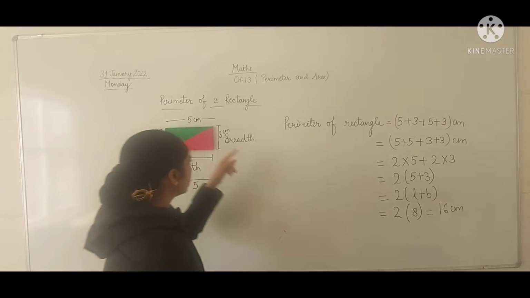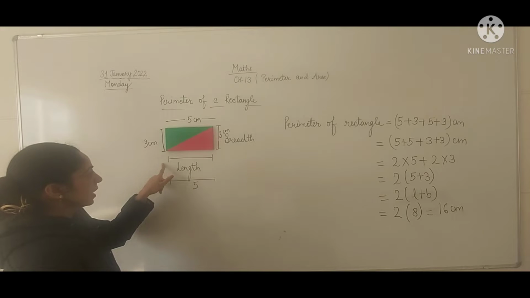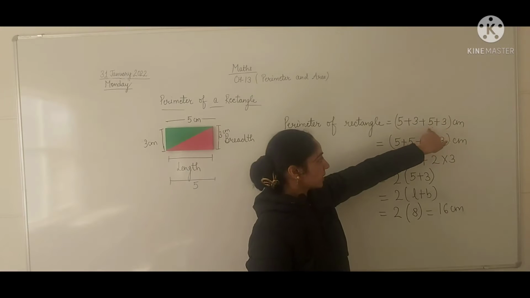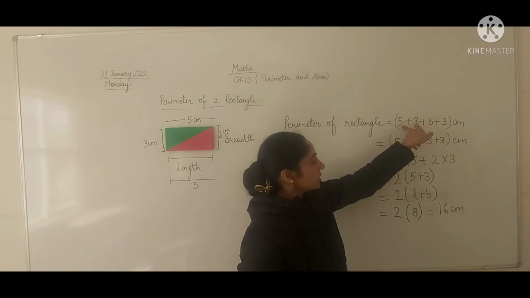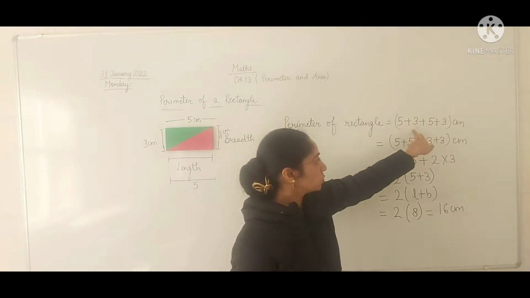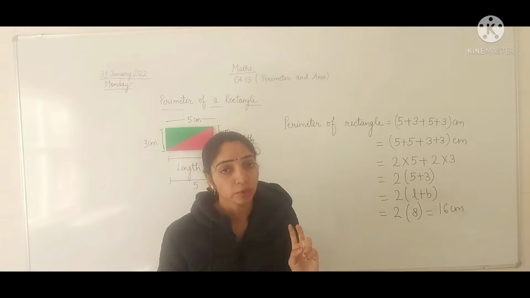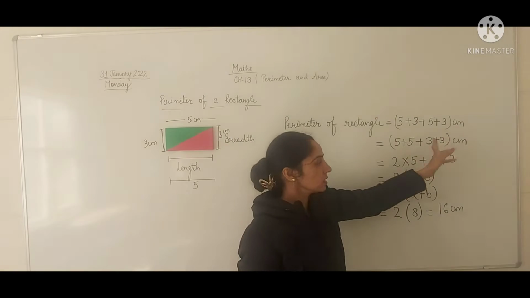We calculate it as this 5 plus this 3 plus this 5 plus this 3. Okay, so 5 plus 3 plus 5 plus 3 centimeters, right? Now we can see there are 2 5s and 2 3s. So we can write them as 5 plus 5 and 3 plus 3.